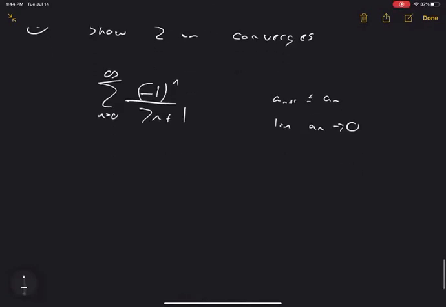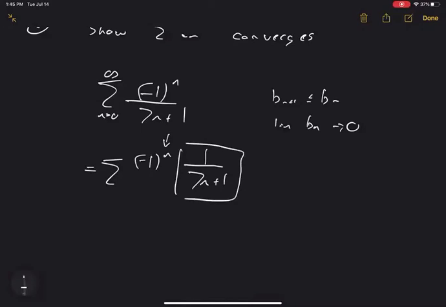Well, let's write b_n to avoid any confusion. So what's the b_n? I can rewrite this series as (-1)^n times 1 over 7n plus 1. And this is my alternating part, and this is my numerical part. And really, this is the b_n that I want.